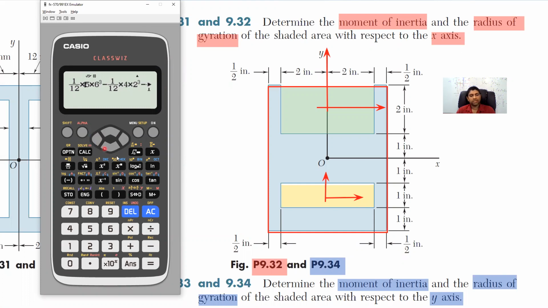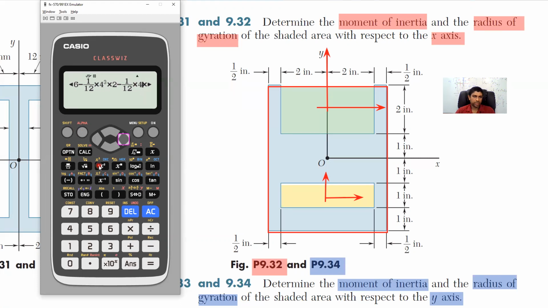The first one is given by 1/12 bh cubed, therefore cube of 5 and h, and 1/12 bh cubed for cube of 4 and 3 and 2, right?